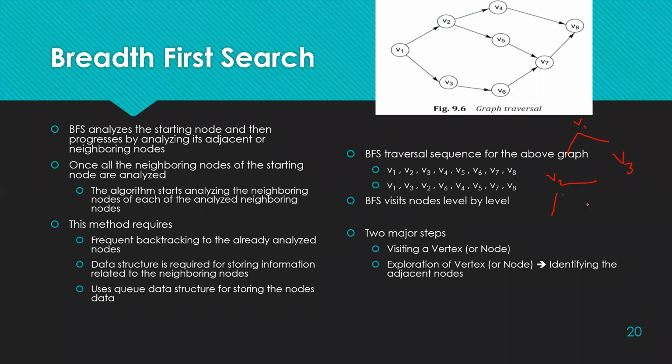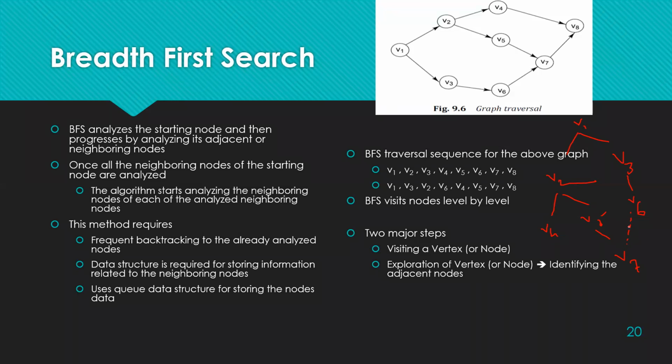And V2 has two neighbors, V4 and V5. And V3 has a neighbor, V6, which falls in this level. Then V5 has a neighbor, V7. Since V7 is already visited, there is no need to go for it again from V6.